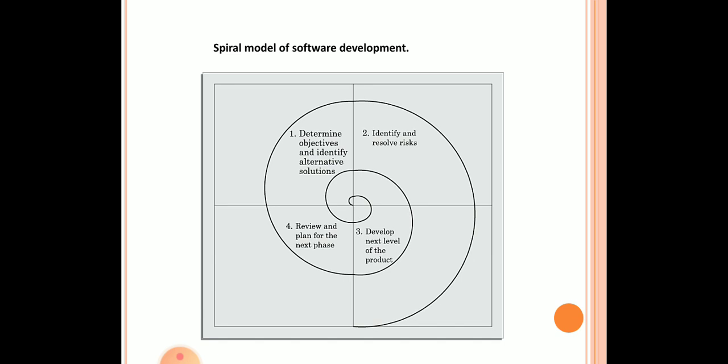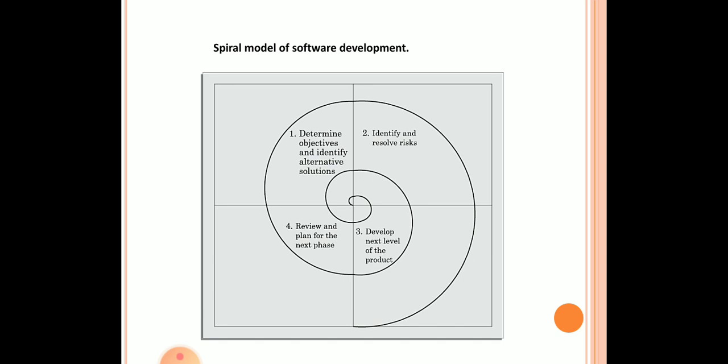As in the figure, the figure shows the spiral model of software development. Each phase in this model is split into 4 sectors. The sectors are called quadrants.